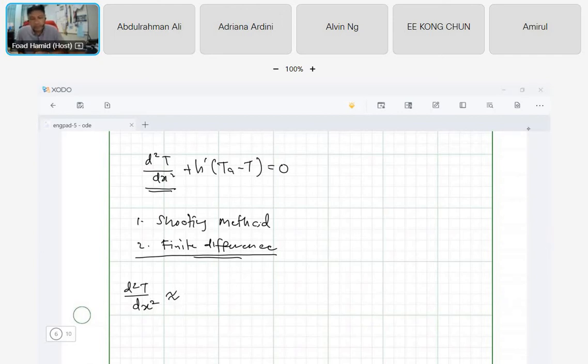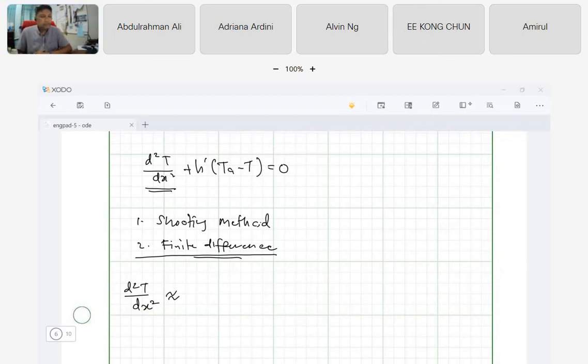Anyone? What is this? This is just the second derivative. I think we've seen this before, right? So how do we approximate this?